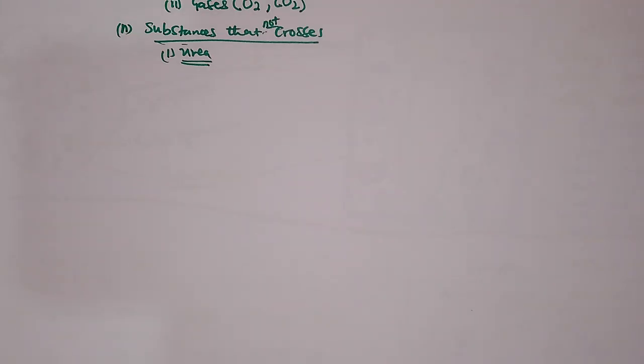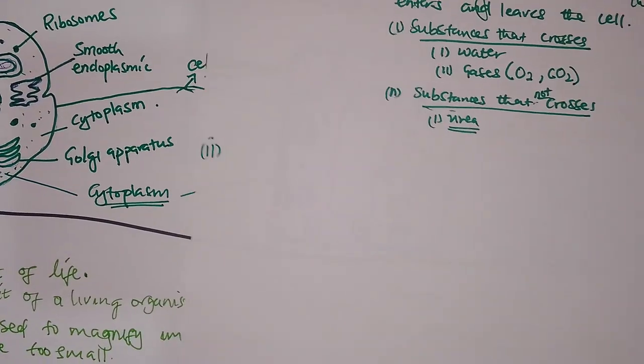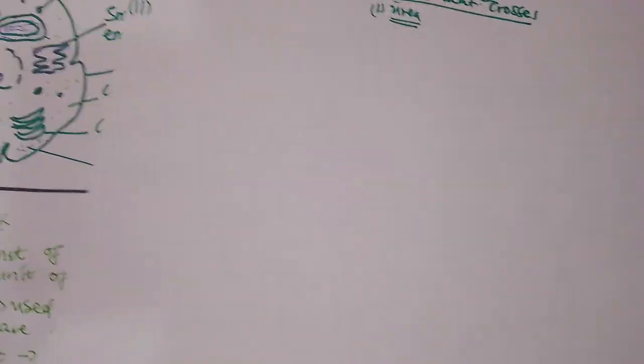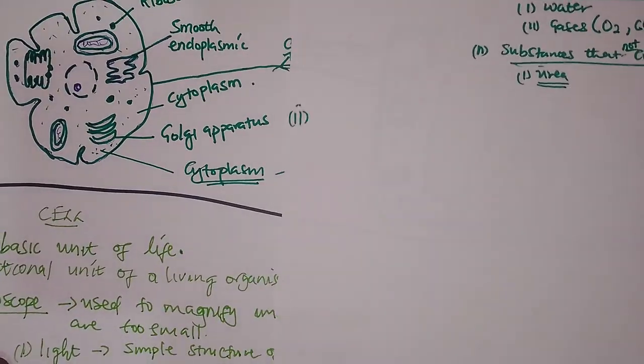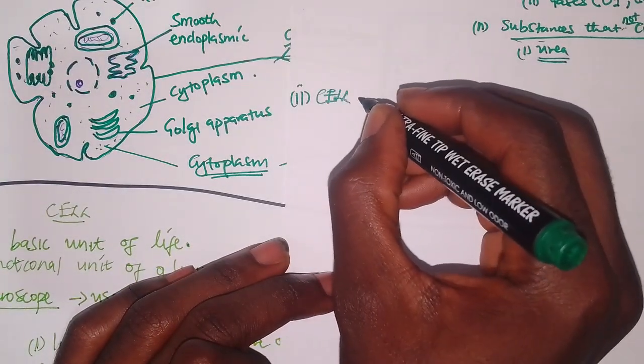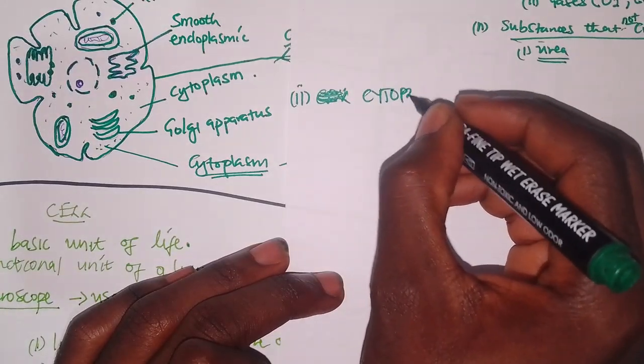The cytoplasm contains all the cell structures called organelles, and it is where cell activities occur.